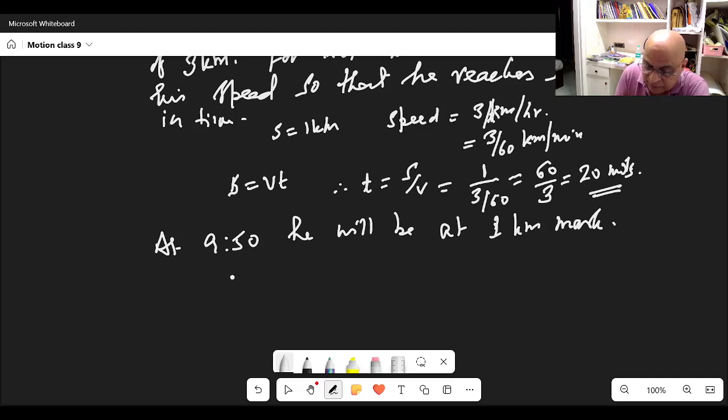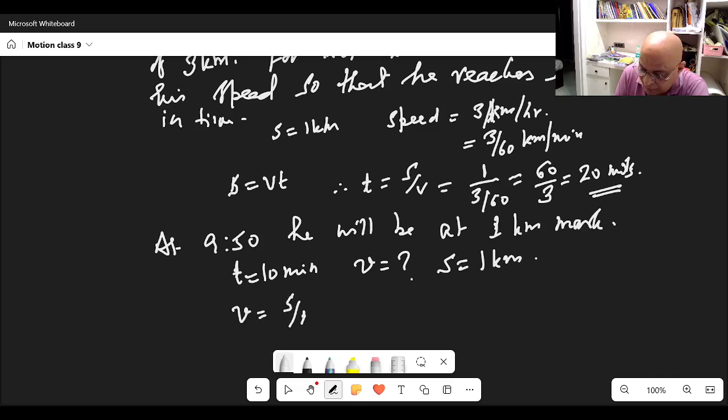So he has only 10 minutes left. T is equal to 10 minutes. We have to calculate what is V. And S is the same, 1 kilometer, the distance left. So V will be equal to S by T. S is 1 by 10.